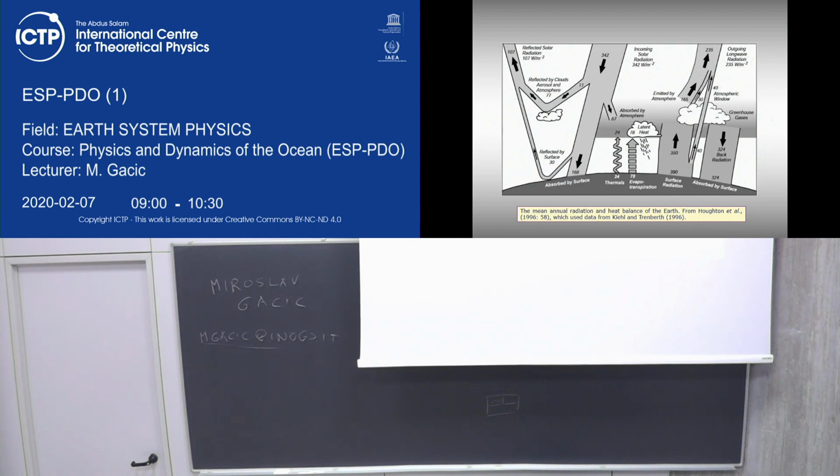This is how and why we have the climate change: there is an increase of greenhouse gases in the atmosphere, which then increases the absorption of the backward radiation in the atmosphere, and then generates the increase of the temperature of the atmosphere and the land. Okay?